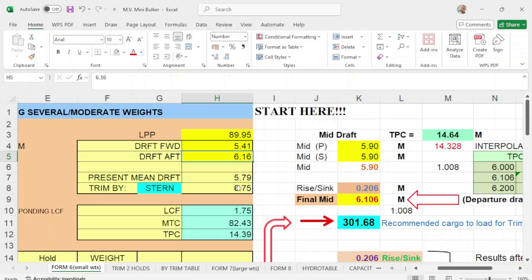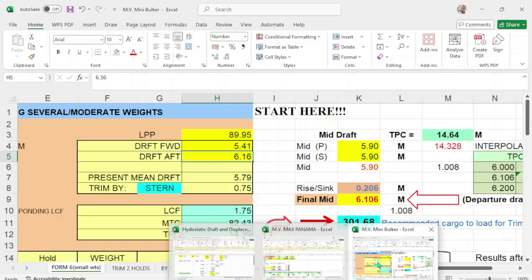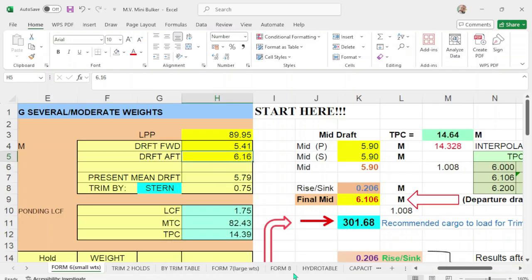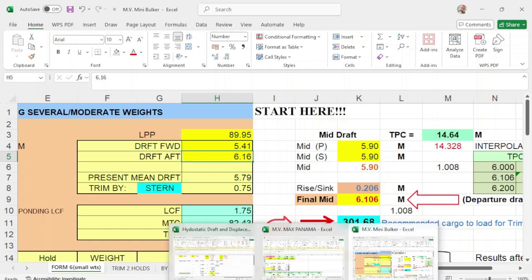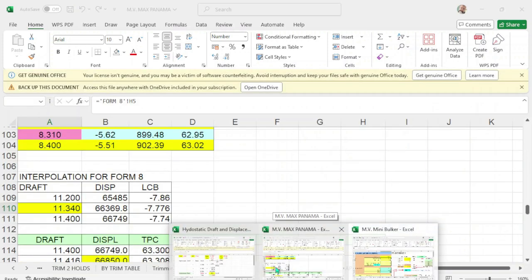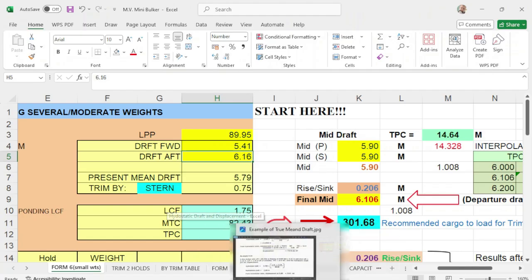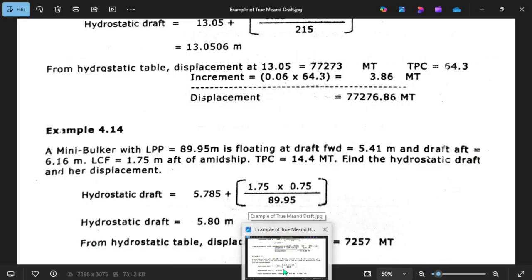Then the main drop is 5.79. Here, main drop is 5.79.